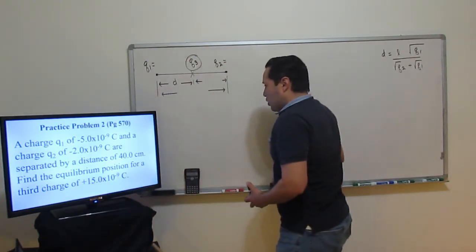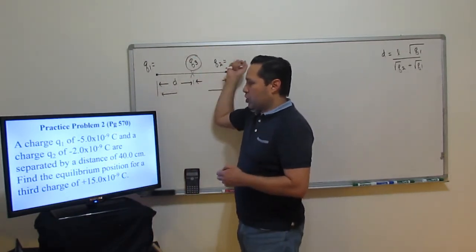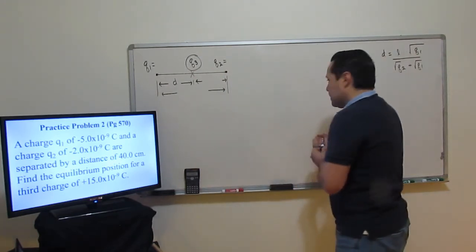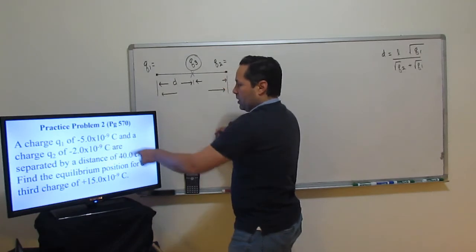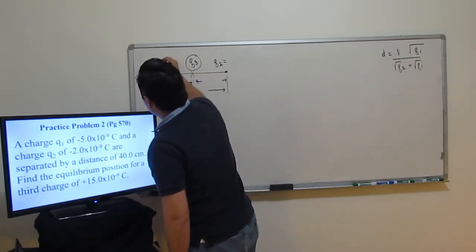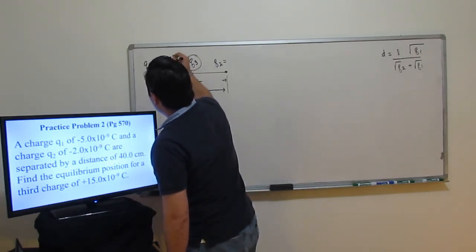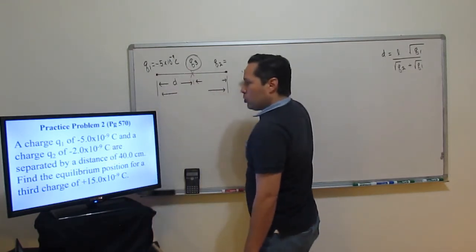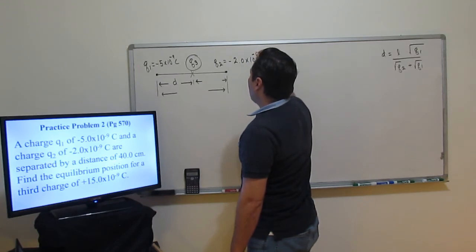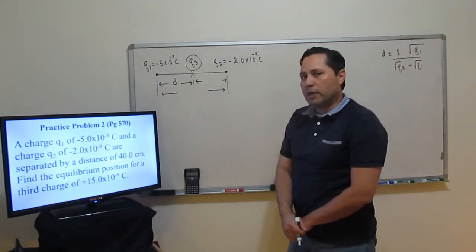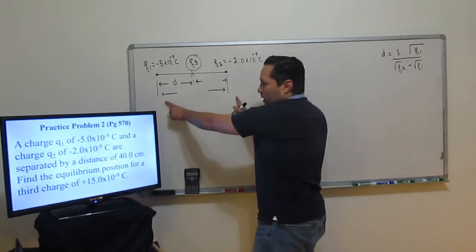Alright, so what changed? For this problem, our charges changed. For the first one, Q1 is negative 5 times 10 to the negative 9, and Q2 is going to be 2 times 10 to the negative 9 coulombs. Alright, so we got our charges. And what is our total length in between them?